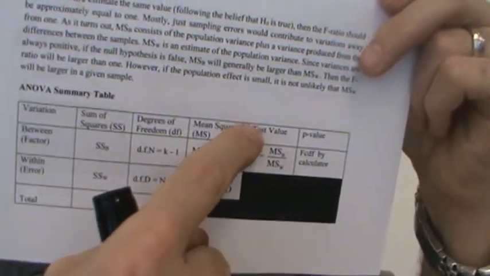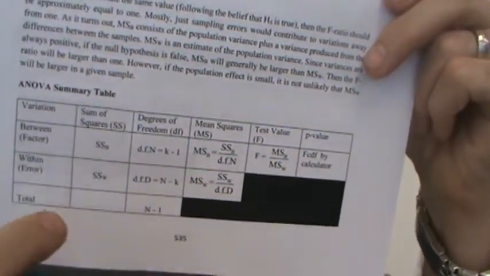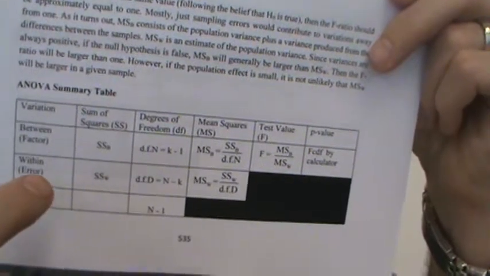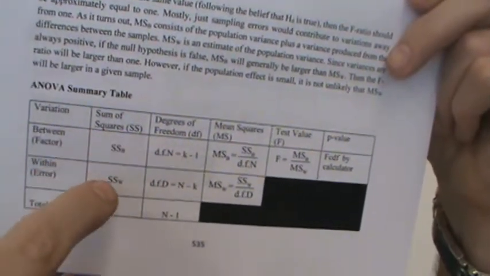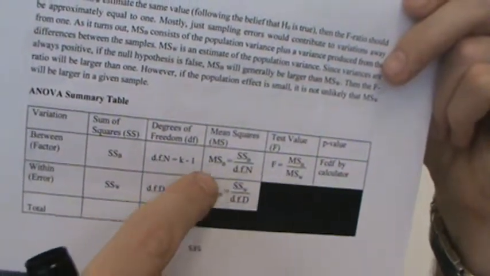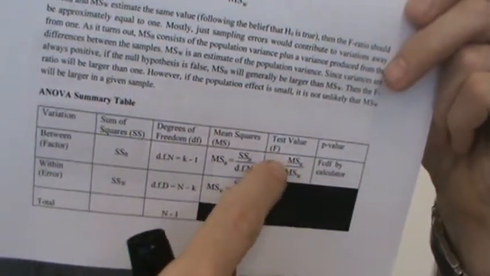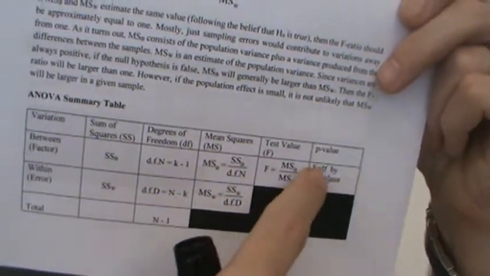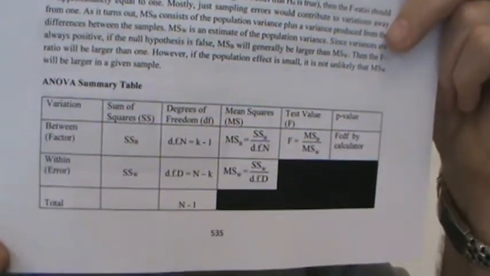And then to get the F statistic, the test value, we divide these two. So you can read this table from left to right, and we see that this here builds from this. So this divided by this gives us these two. And then if we divide these two, that gives us this, which is our statistic. And then our p-value is calculated accordingly. Okay, so that's how you read the Anova table.